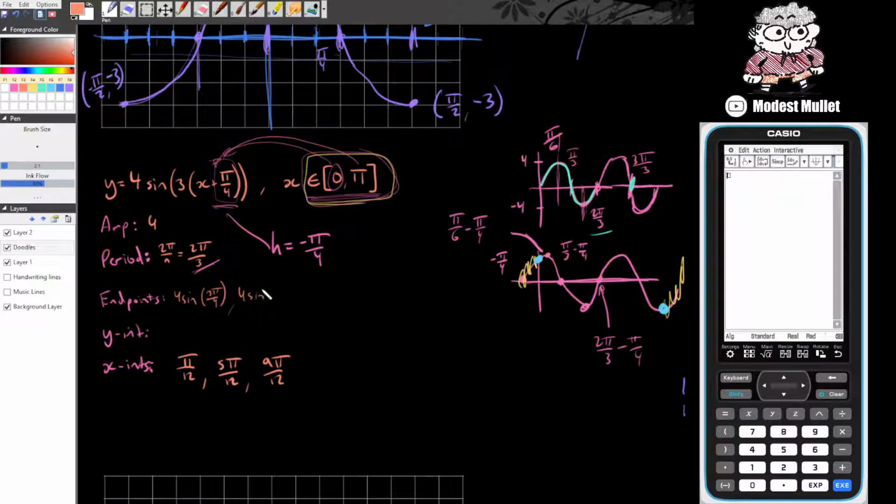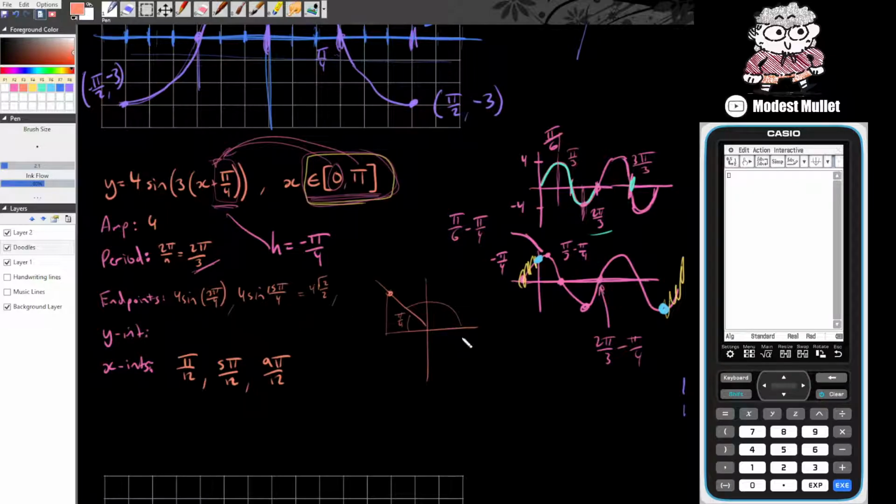You get 4 of sine, 15 pi on 4, let's not put it in square brackets, sine of 3 pi on 4. 3 pi on 4 is there, sine of that, so that's pi on 4 in there. Right, that is root 2 on 2, but times by 4, so we get 4 by root 2 on 2.